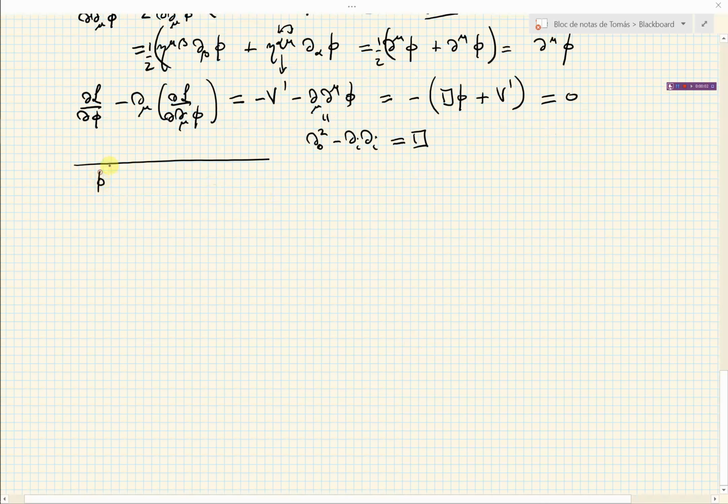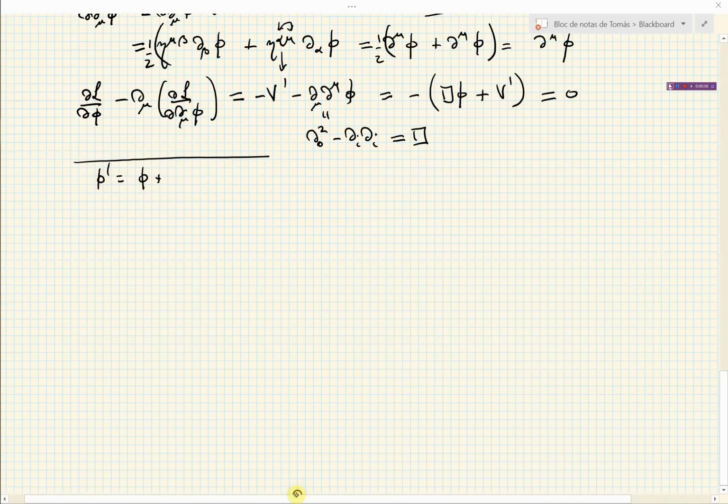So phi prime is equal to phi plus some constant. The infinitesimal form of this transformation we can write as delta phi equal to alpha. Again, now we call this transformation alpha.